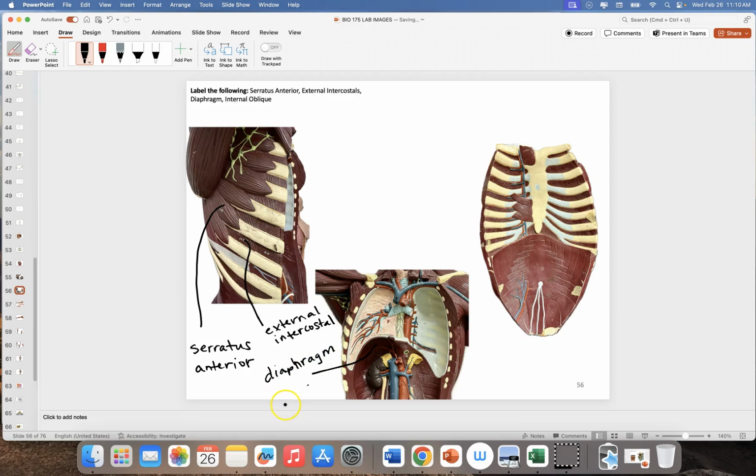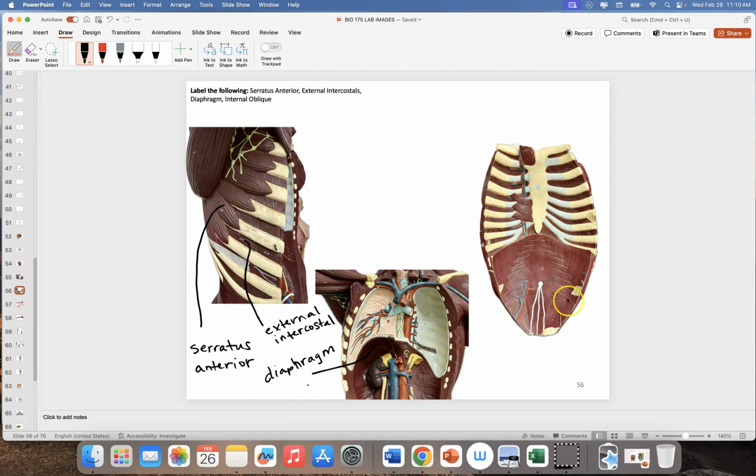And the diaphragm expands the thoracic cavity, extremely important muscle for inhalation and for breathing because it's going to be expanding that thoracic cavity for us.